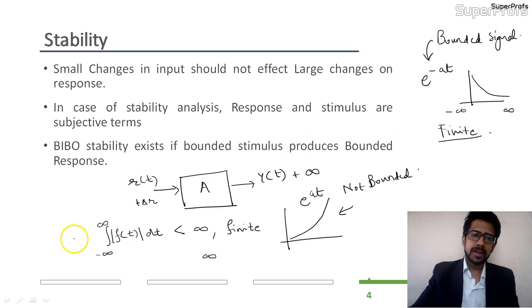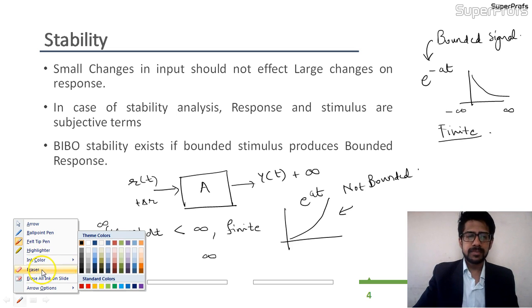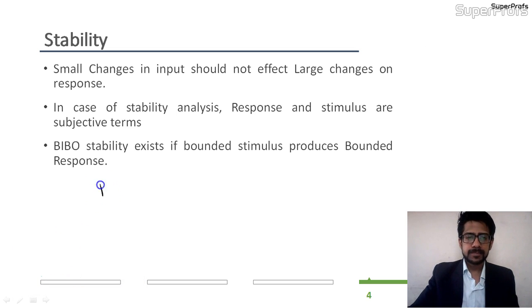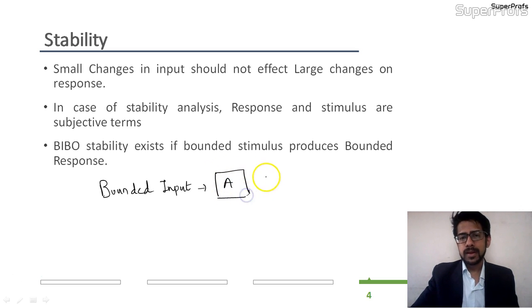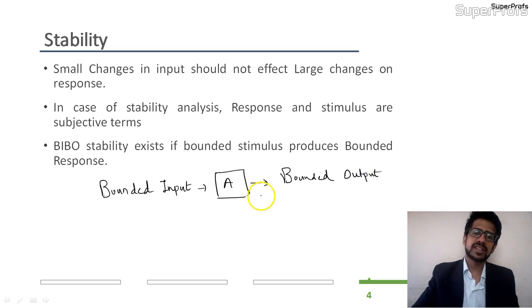And if I am inputting a bounded signal to a system, I expect my output to be bounded. If a bounded input to a system A generates a bounded output, then my system is known as BIBO stable.